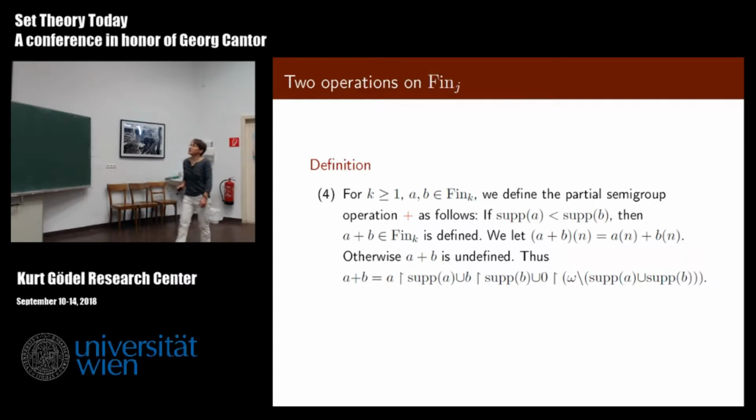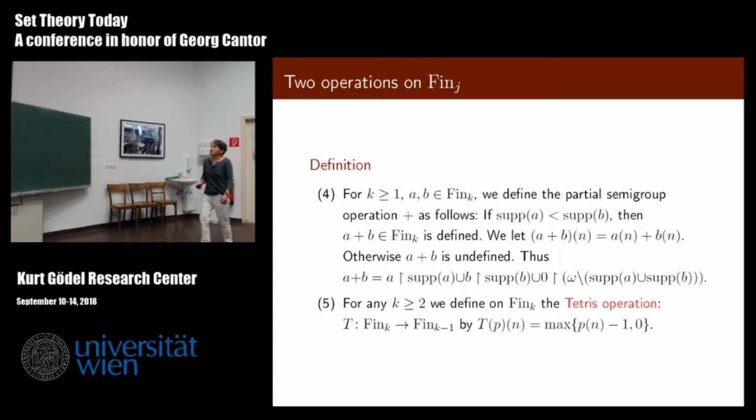On these blocks we have the partial semigroup operation. I am allowed to add two blocks only if they are in unmeshed position. Addition is just pointwise addition, and it's the same as concatenation if you see that the blocks live only on their support, and then infinitely many zeros afterwards.